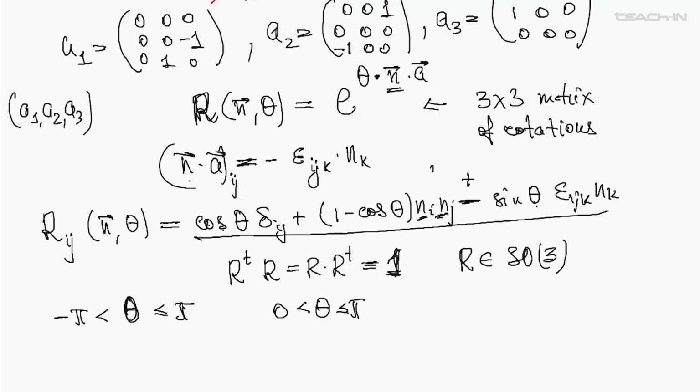So in other words, a rotation by a negative angle can be represented by changing the sign of n and allowing theta to run from 0 to pi. That's why you can restrict theta to run from 0 to pi.